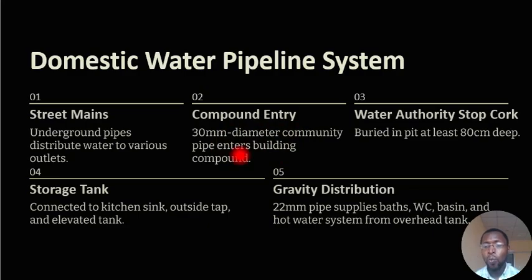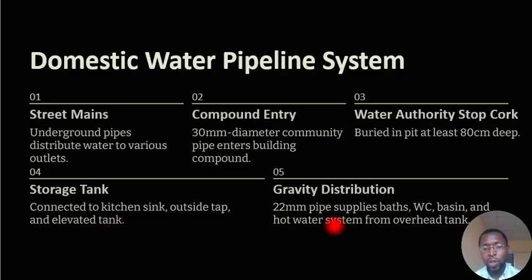Then we have the water authority stopcock. This is buried in pits at least 80 centimeters deep. It's also there to control the flow of water. And of course, we have the storage tank. This is connected to the kitchen sink, outside tap, and elevated tank. It's just to store water that is flowing from the pipe.